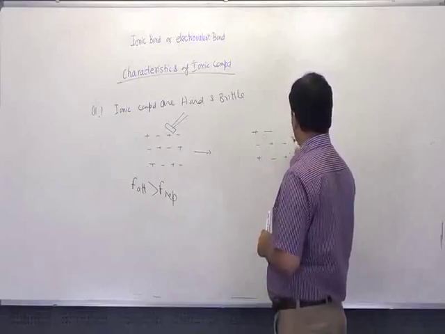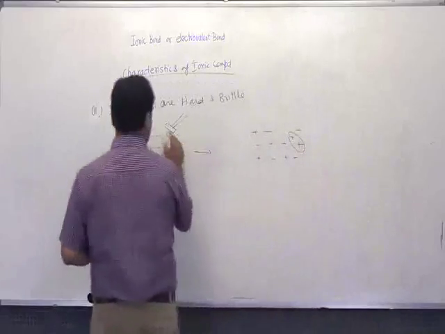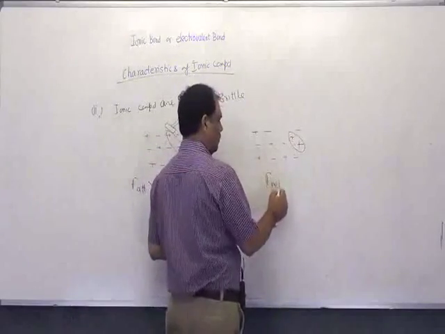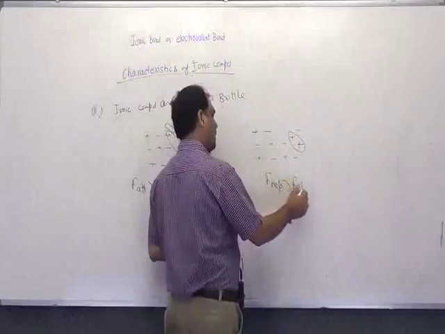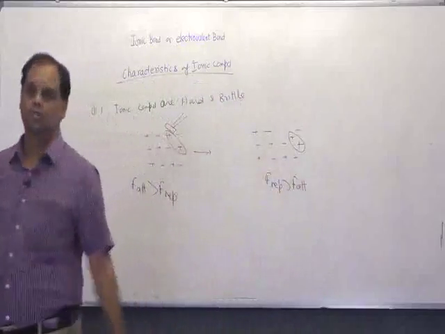Now your hammering has locally changed the distance between these ions. So this results in F repulsive being higher than F attractive. So ionic compound breaks. Okay.